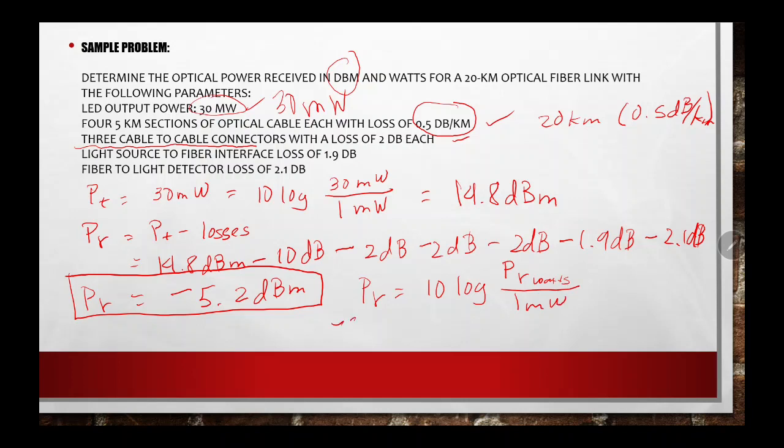So, ito equals sa negative 5.2 dBm. So, shift solve mo, PR naka-watts over 1 milliwatt. Equal na lang yun sa 0.302 milliwatts. Okay, so yan yung sagot.